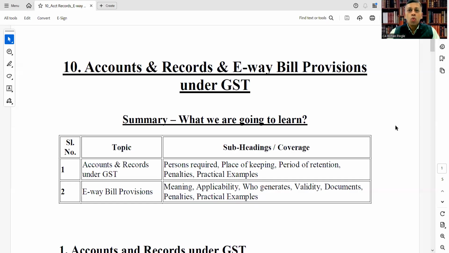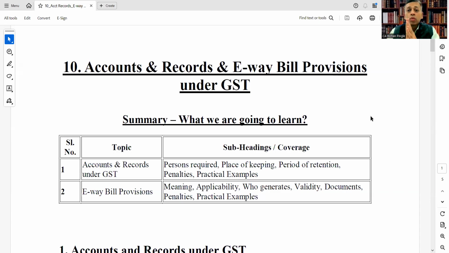So let's start and let me share my screen. Today we are going to discuss accounts and records and e-way bill provisions under GST.